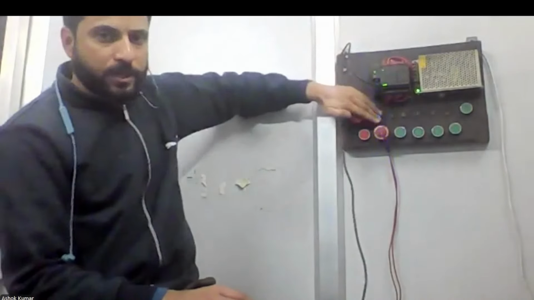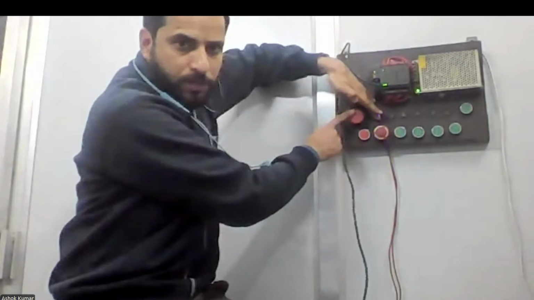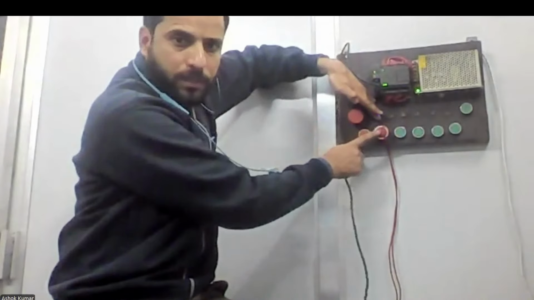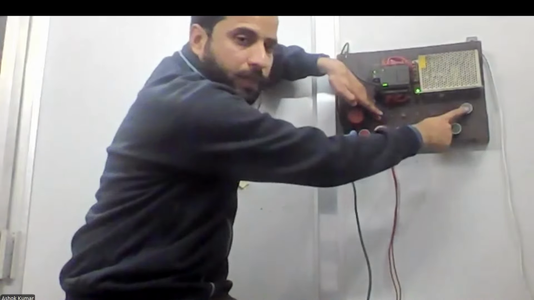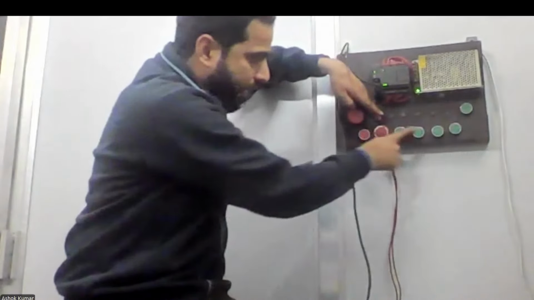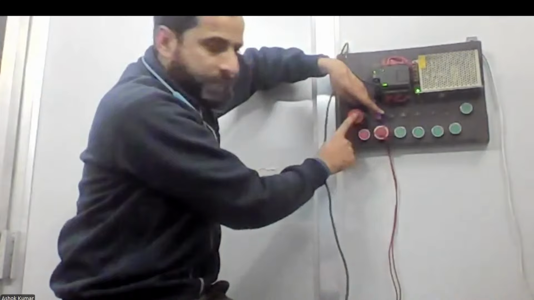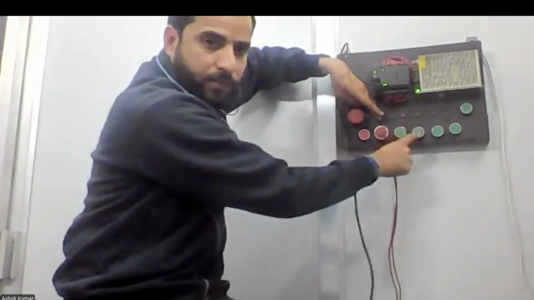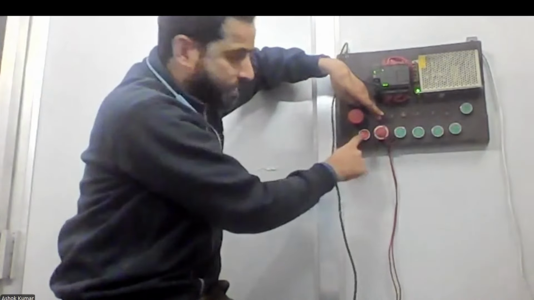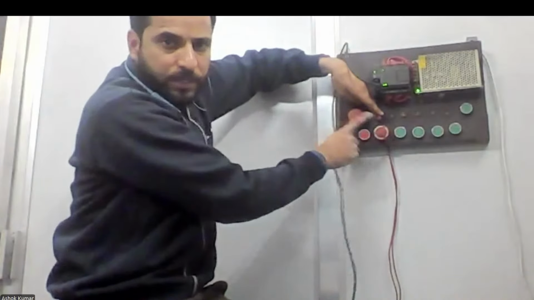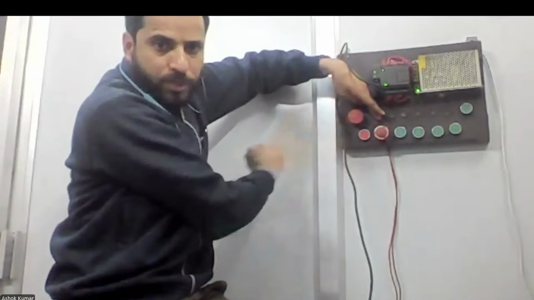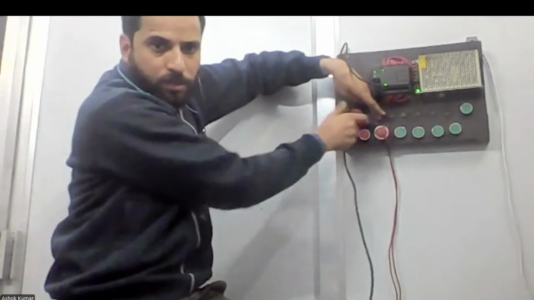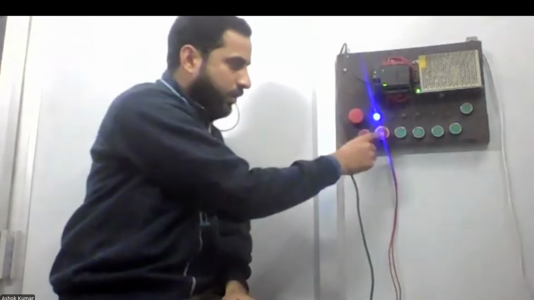Let's try to understand. This one is the first input, second, third, fourth, fifth, sixth, seventh, and eighth. These all are NO. These three are NC. These are direct inputs. This NC is also a direct input, but these two are emergency buttons. We have to use it this way. Push, it is held.